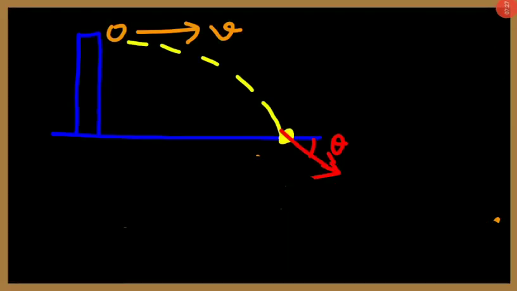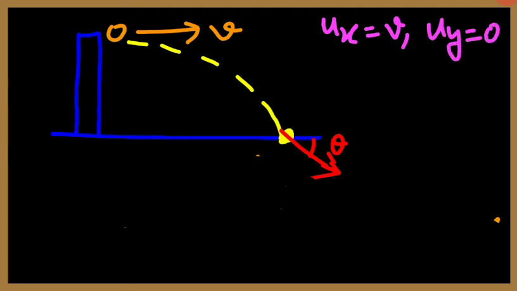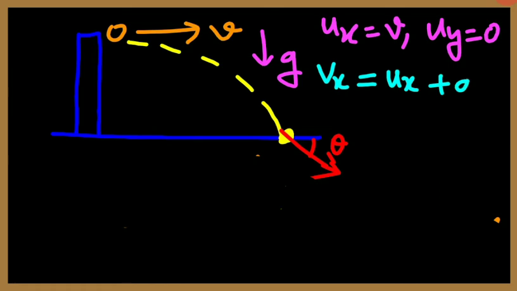Now we have ux is equal to v and uy is equal to 0, and acceleration is in the downward direction. Now what will be the value of vx? Vx is ux plus ax into t, but we know that ax is equal to 0, so ax t will be 0, this full term will be 0, so definitely we don't need this term, we can make it 0.